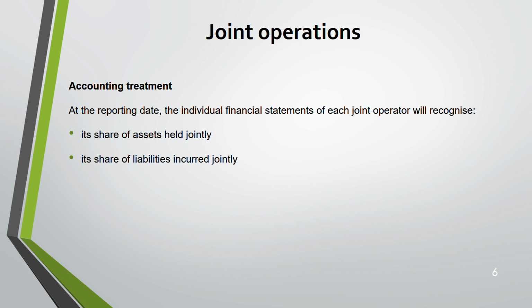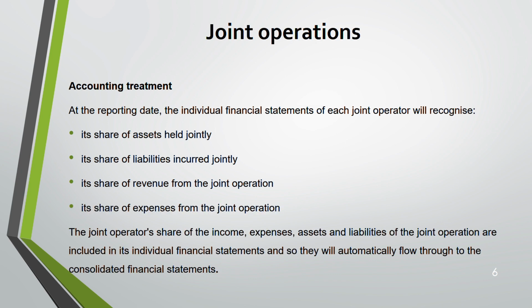Its share of liabilities, its share of revenue, its share of expenses, everything its share, whether it's assets, liabilities, revenue or expenses. This is very easy. You just have to apply your percentage. You'll be given the percentage in your exam, don't worry. If it's a joint operation, all this will automatically flow to the consolidated financial statements.